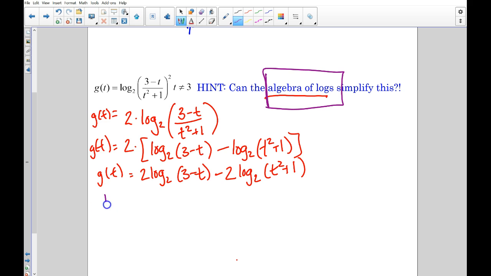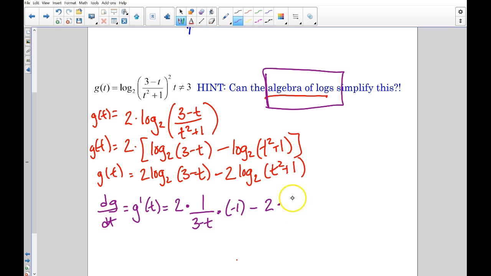And now I'm ready to differentiate, so dg/dt, or I could write it as g prime of t. The constant is going to stay there, and I take the derivative of the log, so that's 1 over the input, times the derivative of the input, which is just minus 1, minus 2 times 1 over the input, t squared plus 1, times the derivative of the input, 2t.